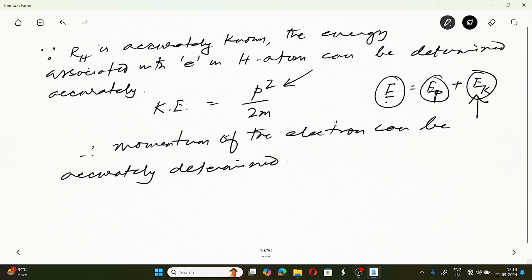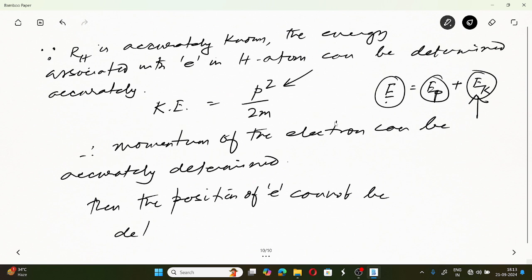See, if the momentum of the electron is accurately determined, then the position of the electron cannot be determined accurately, isn't it?